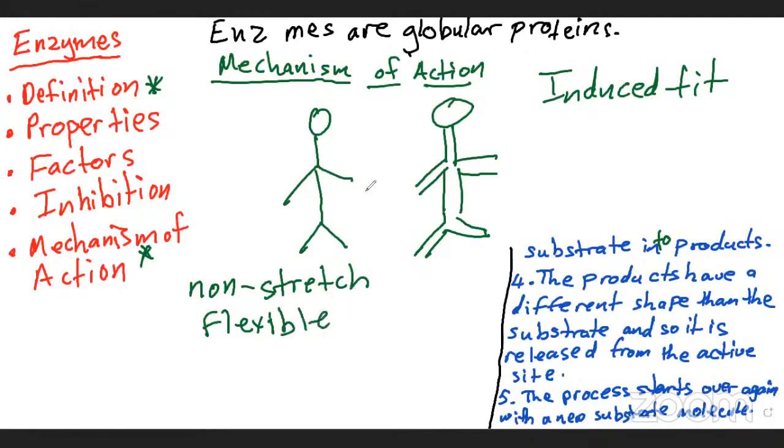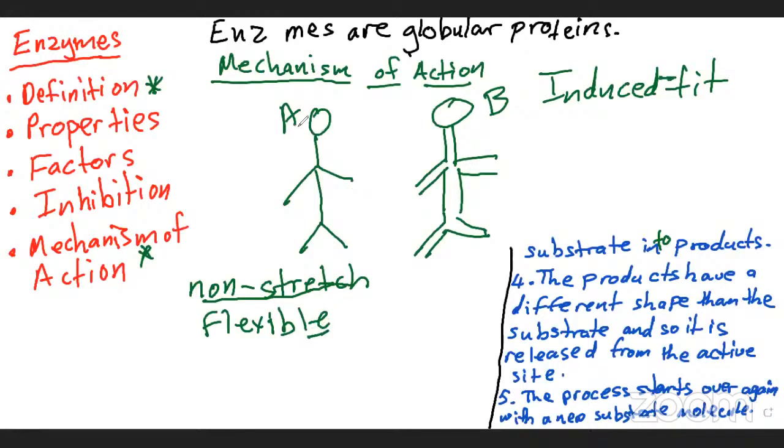If you order a particular size for person A, it should not be able to fit person B. If you order a material that is not able to stretch for person A, it should not fit person B. And if you buy the clothes for person B, it should be too big for person A. Now, what the induced fit hypothesis is suggesting is that the enzyme becomes flexible.